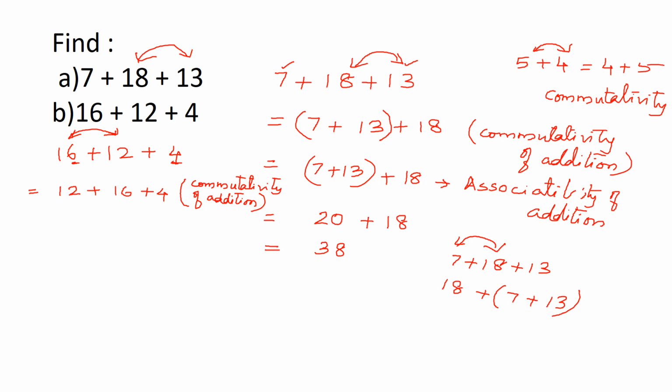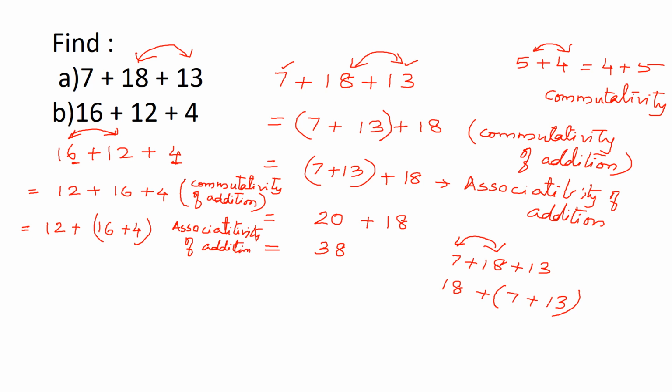If it is 16 plus 12 or 12 plus 16, answer is going to be same. Now in the second step, what I am going to do, 16 plus 4. I am going to do 16 and 4 together first. I am going to associate 16 and 4. Only for bringing 16 and 4 together, I have done this commutativity. So this is associativity of addition.